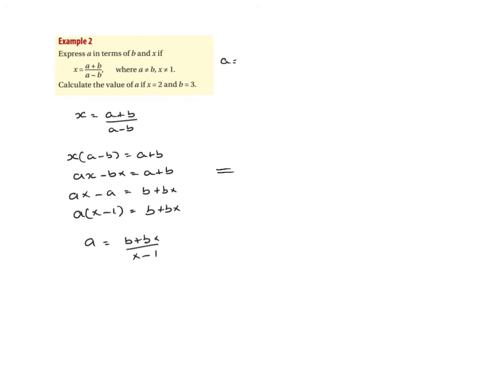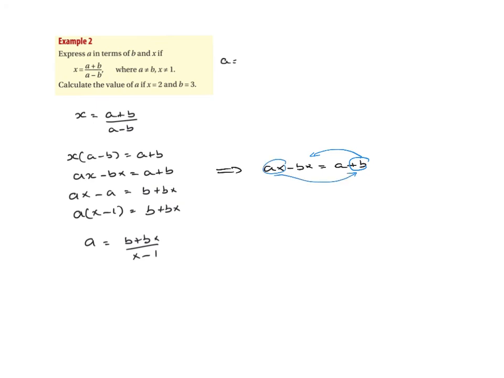It's going to come over here, okay, and say that what we have is ax minus bx is equal to a plus b. And this time I'm going to take the a's to the right. So this is going to head over to here, and this is going to head over to there.